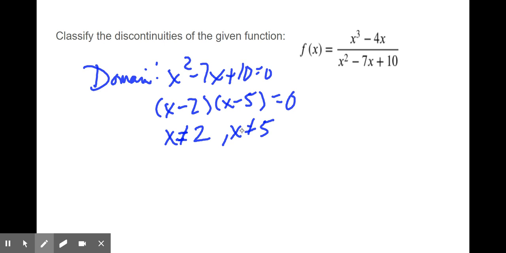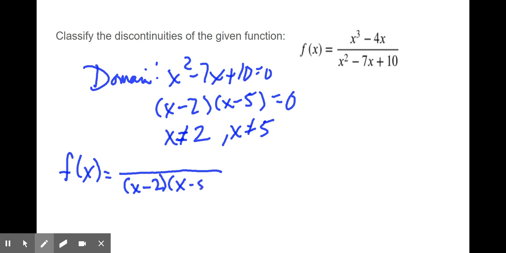To figure that out, we have to go back to our original function f of x, and we have to try to factor it. We have to try to remove maybe one of the discontinuities that's in the denominator. So the bottom's already factored. We could take the x out of the numerator. We get x times x squared minus 4, and then we can factor that as the difference of two squares, x minus 2 times x plus 2.